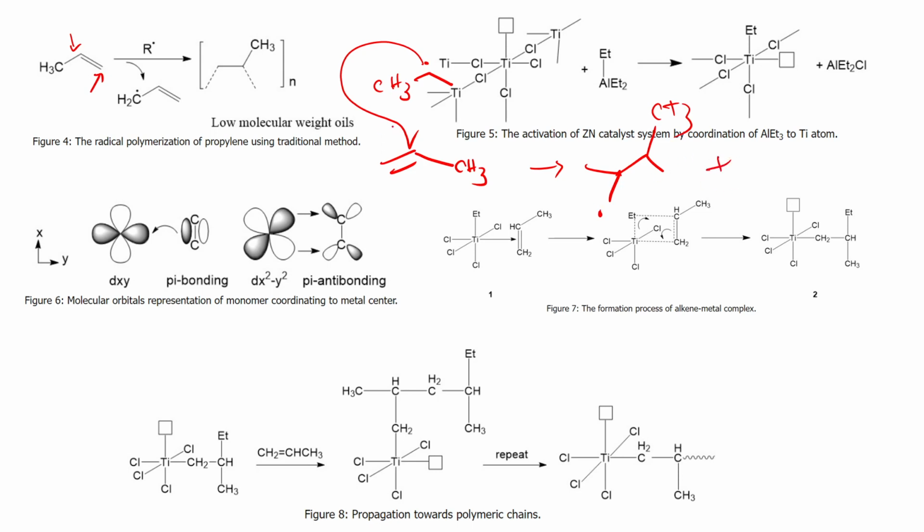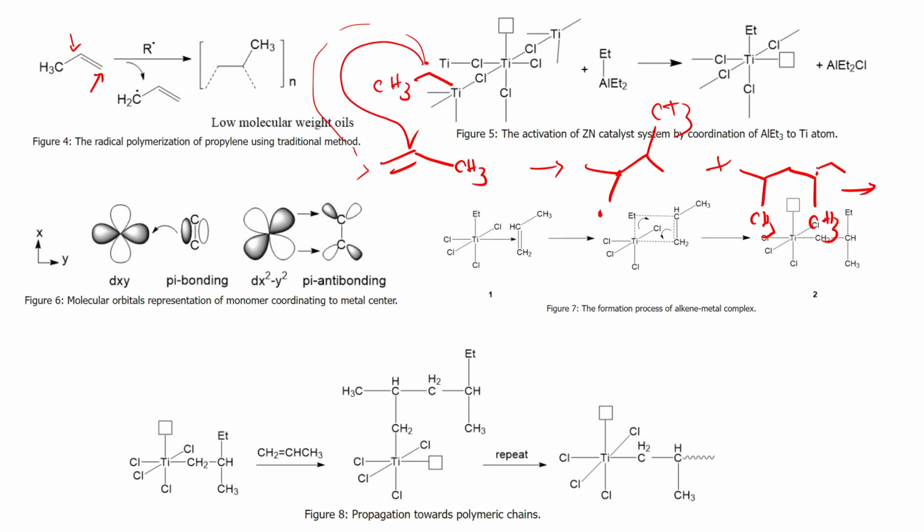Now another possibility is only if this attack happens when you are generating this kind of unit, then only that linear thing would be formed.